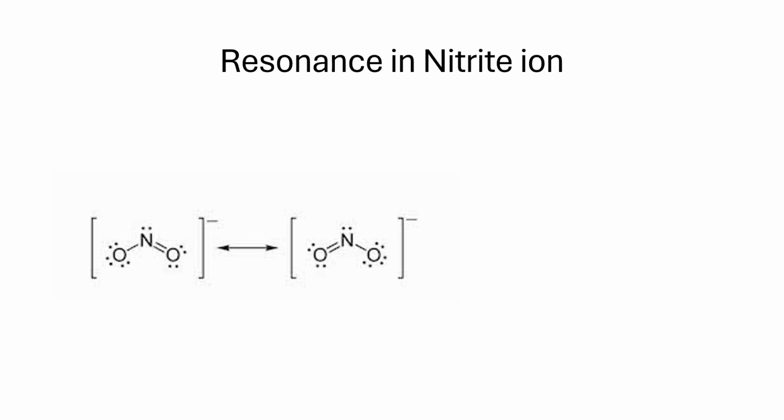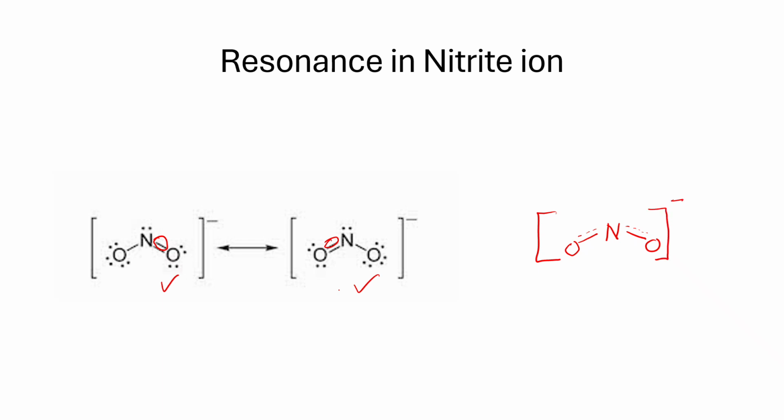These two in reality are the resonating structures of nitrite ion, which means that this is not the real nitrite ion, because what would happen in reality is that the pi bond, that's the second bond that's being formed between the nitrogen and oxygen atom, would get delocalized, and we represent that using dotted lines.